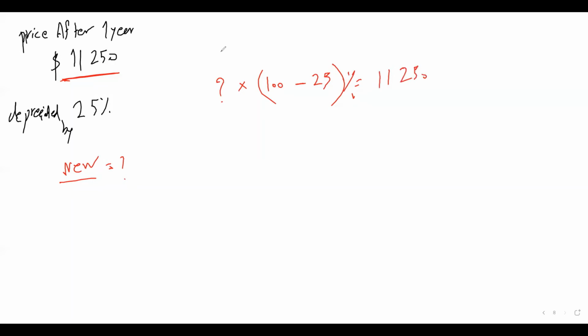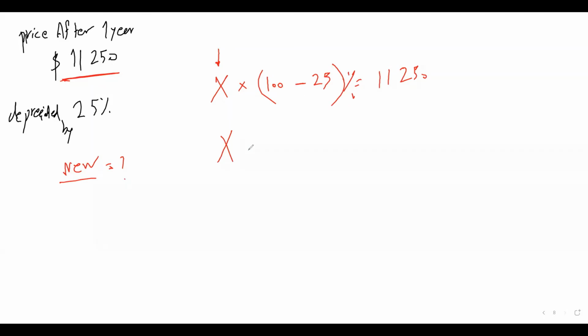So the price when you bought it, maybe you can call that X. So X is equal to, this is 75% or 0.75.